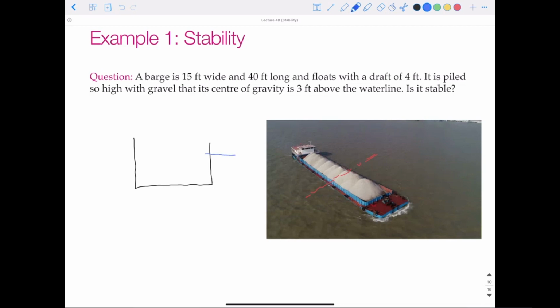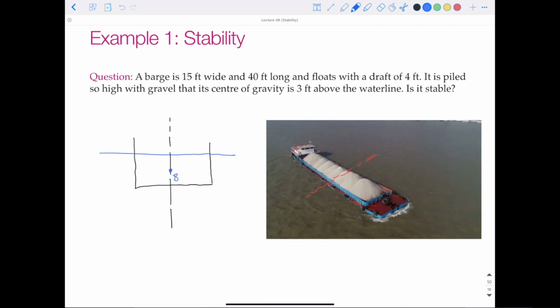We have our water line. We have our line of symmetry. Our center of buoyancy is going to be the center of the shape that is submerged. So B is going to be down here.